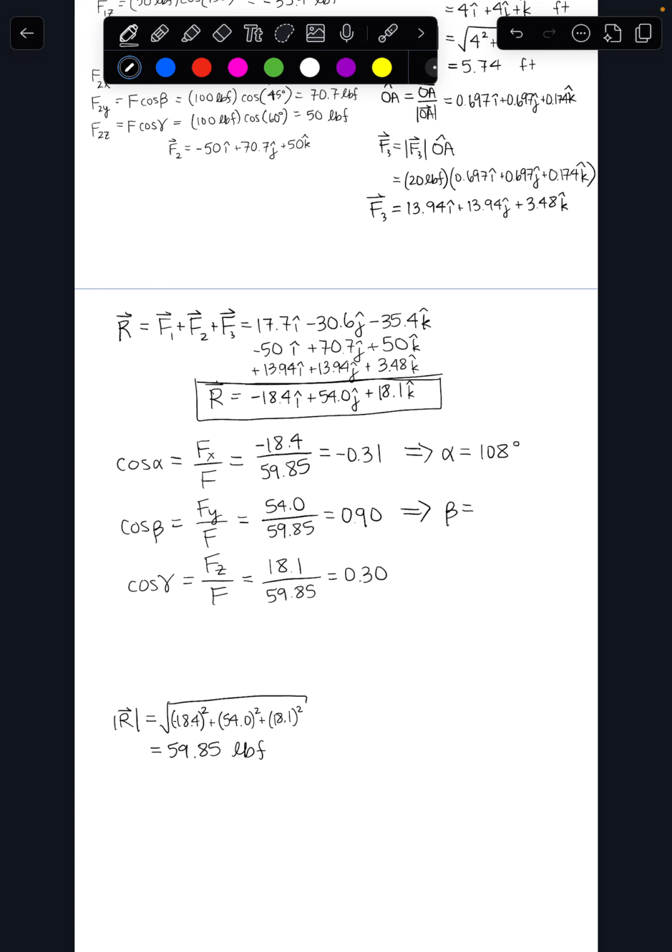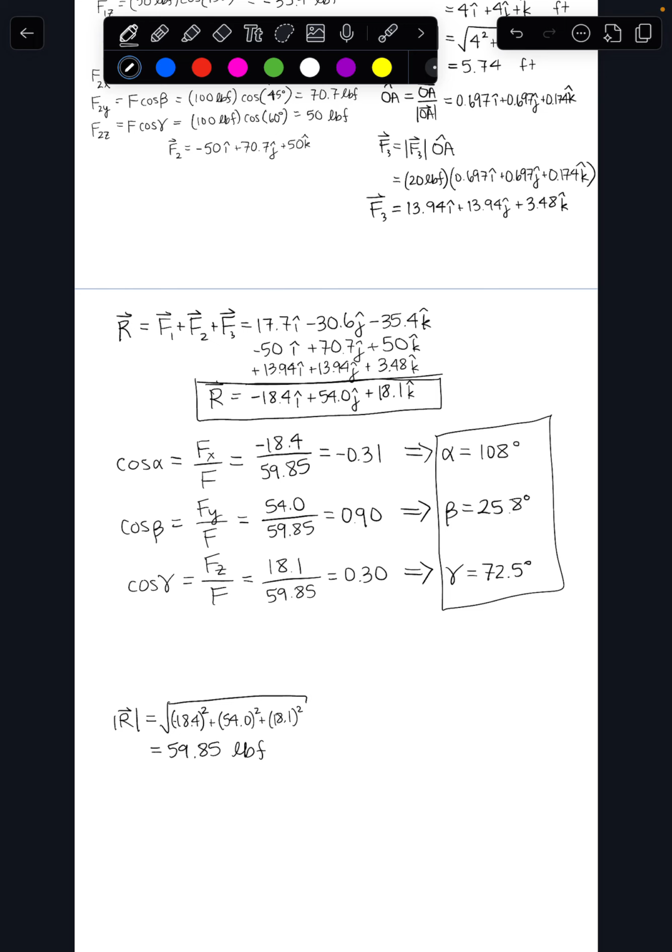Beta is equal to the inverse cosine of 0.9. So 25.8 degrees. And gamma is the inverse cosine of 0.3. So that's 72.5 degrees. All right, there's our answer.